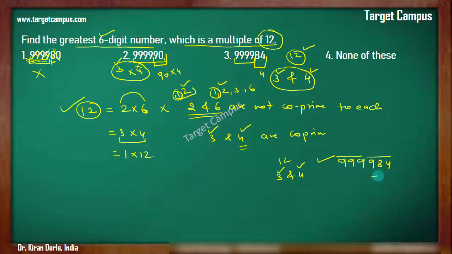But the next multiple of 12 will be this, 6 9 9 9 9. This is the greatest 6-digit number. This is not the greatest 6-digit number. Trust me. I mean, trust yourself and trust maths. This is the greatest 6-digit number.